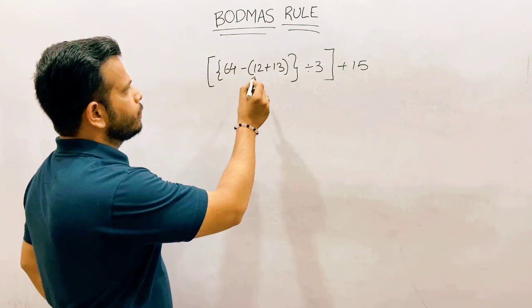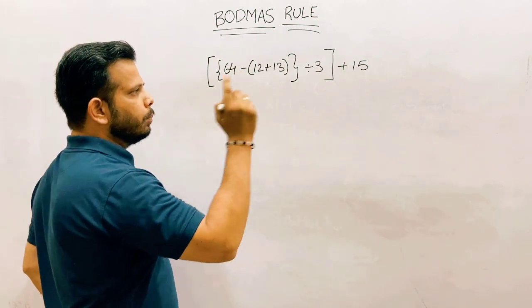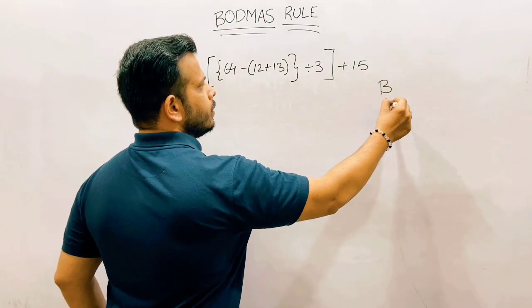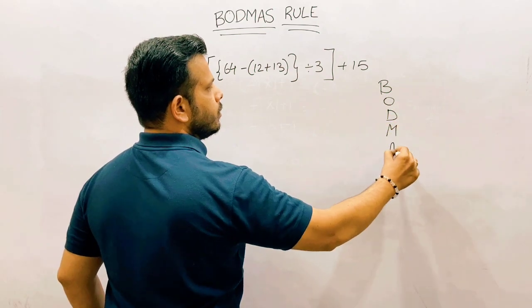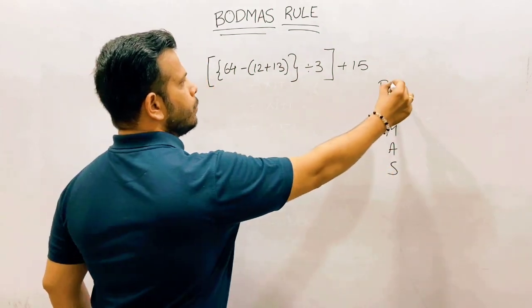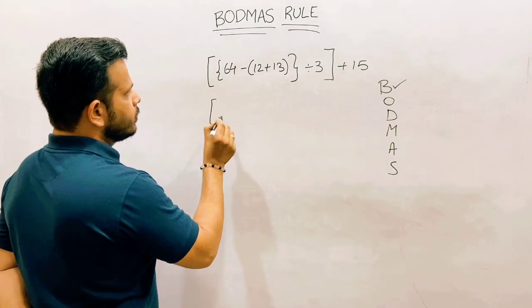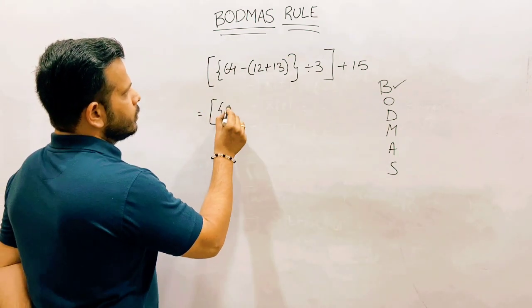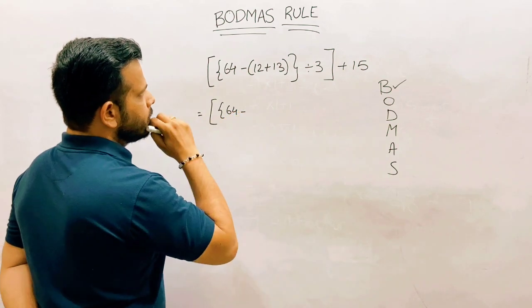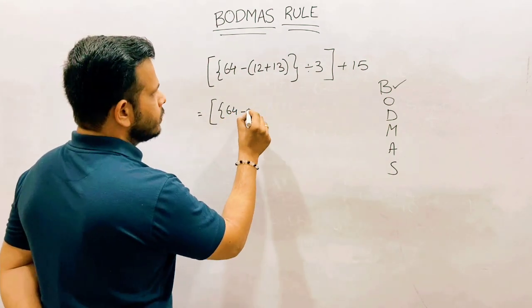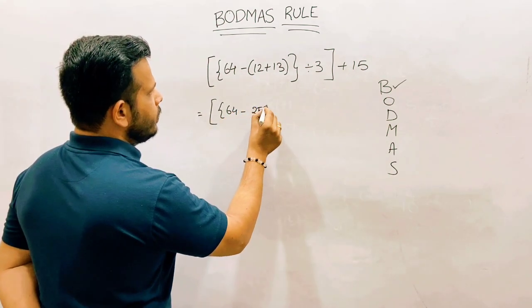First, according to BODMAS, let us solve the brackets. First, the small bracket as we discussed. 12 plus 13 is 25.